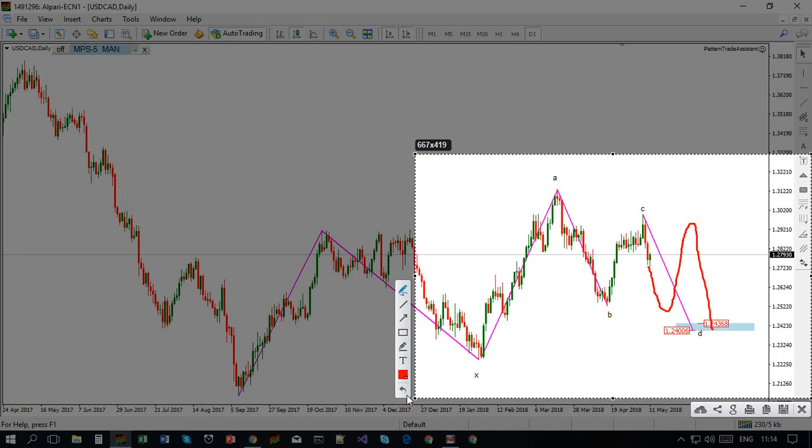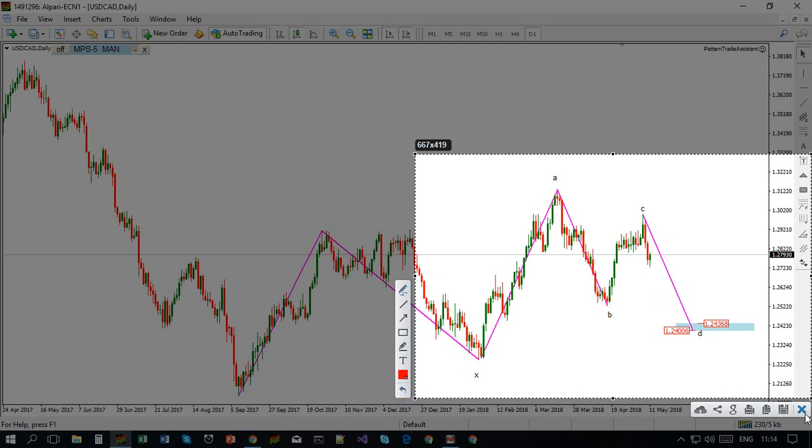So the pattern should look exactly this C to D leg should look something like this, similar to AB leg. That's why it is called an AB equals CD pattern. It should be similar or like this. So no more than this one, no more than this. Minor, very minor consolidations, minor retracements, but no bigger movements.